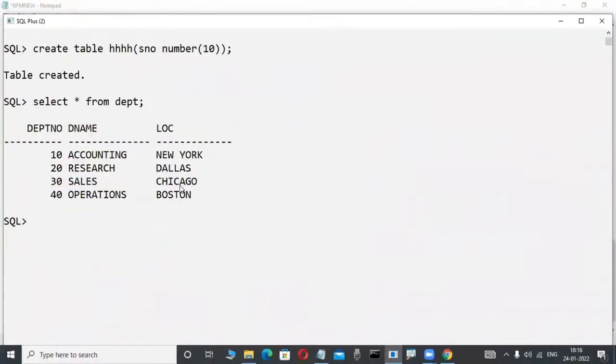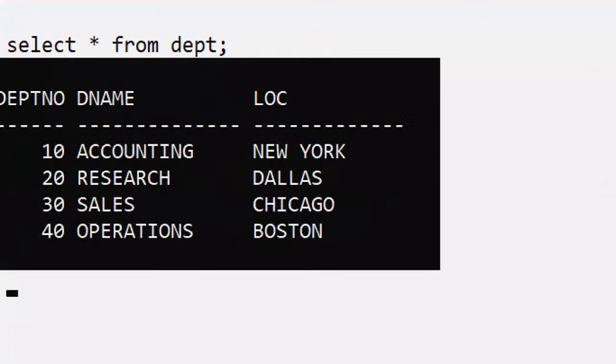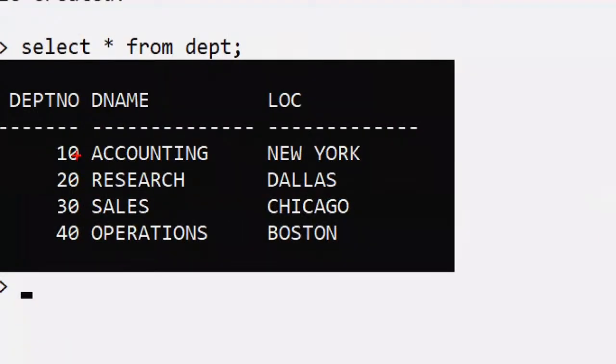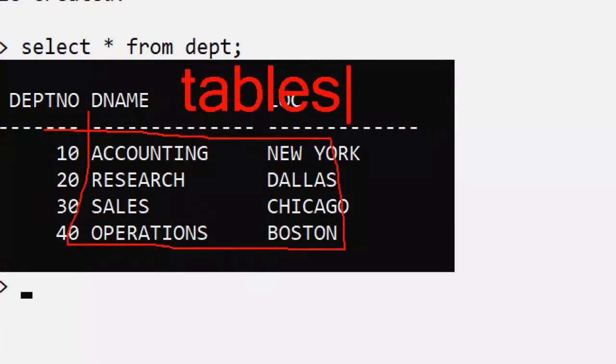But from 1970 onwards, data is represented at a logical structure in a relational data model. Relational data model means data is represented in the format of a matrix. Matrix means rows and columns. Nowadays, that is also called two-dimensional tables. But before 1970, this data model was not there.